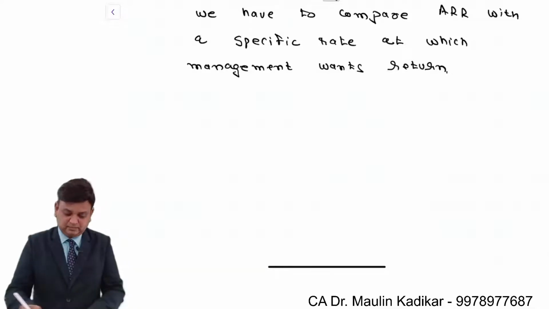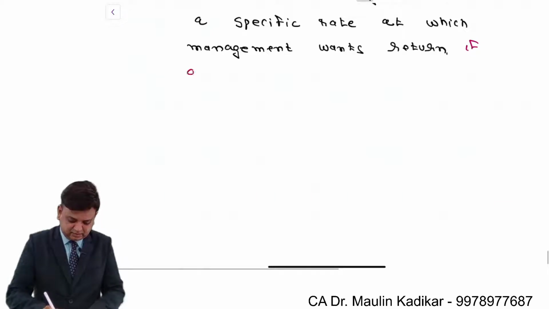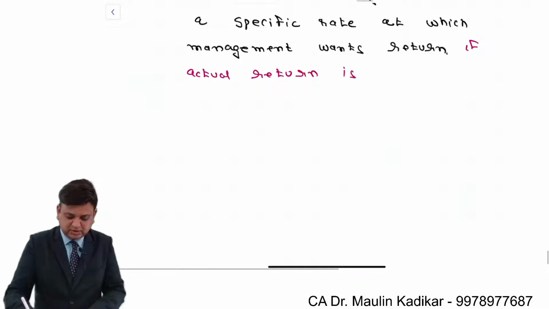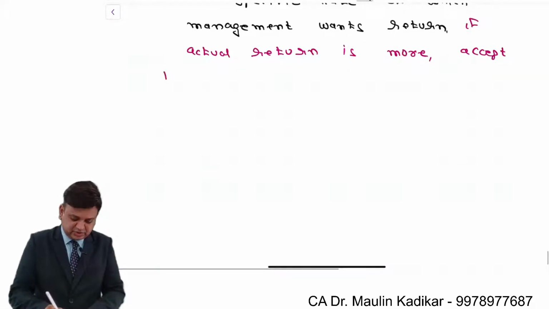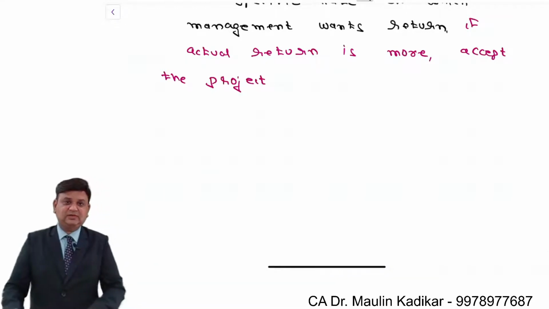Full stop. If actual return is more, accept the project, and vice versa.